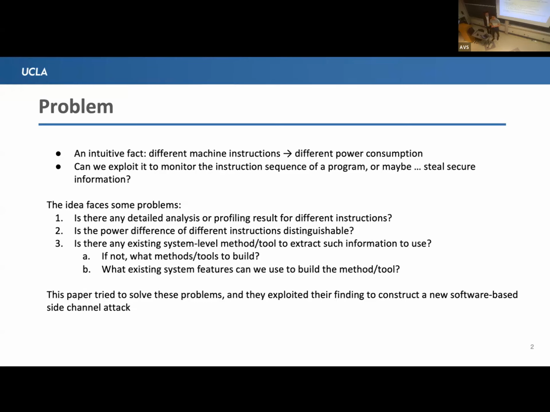First, is there any detailed analysis or profiling results for different instructions? Second, is the power difference resulting from different instructions distinguishable? And third, if so, is there an existing system level method or tool that we can use to extract the information?